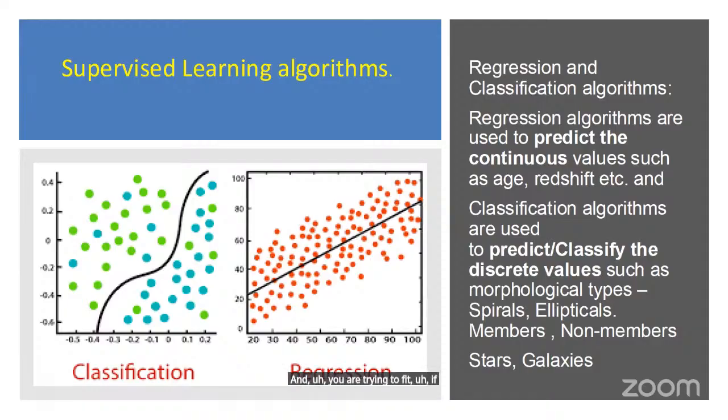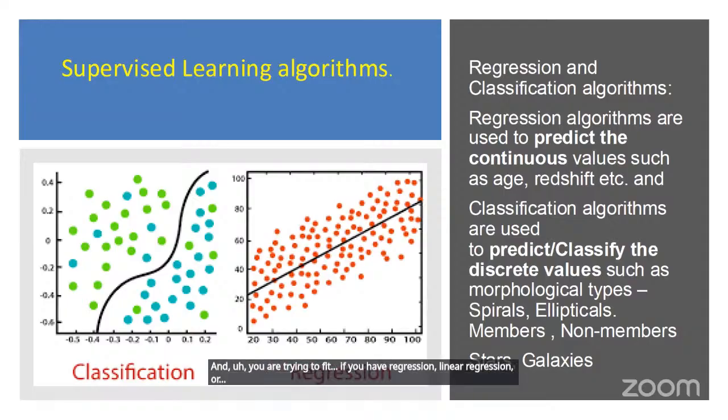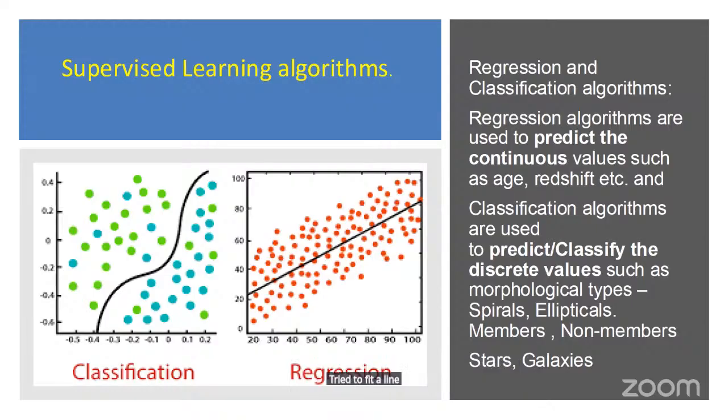You have linear regression or different types of regressions. The simplest one is where you try to find a linear relationship between an independent variable and a dependent variable. You try to fit a line for which the deviation of the observed values from this line is minimum.